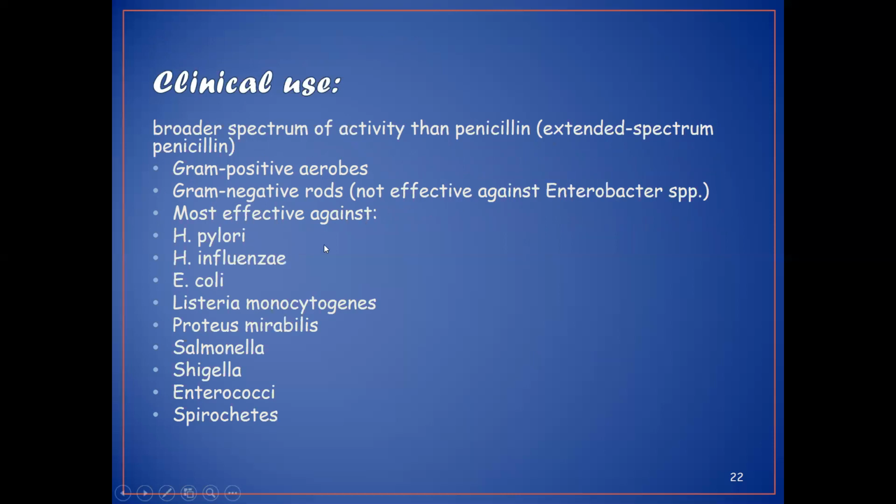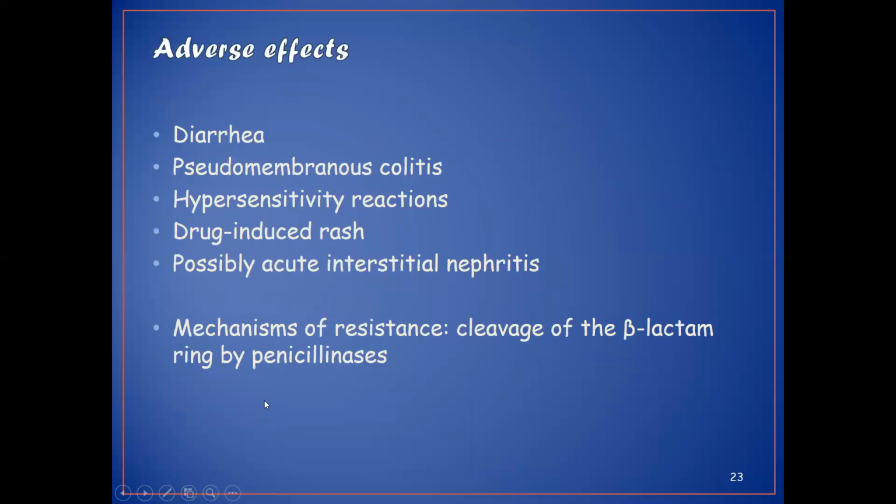And they are most effective against Helicobacter pylori, Haemophilus influenzae, Escherichia coli, Listeria monocytogenes, Proteus mirabilis, Salmonella, Shigella, Enterococci, and spirochetes. Adverse effects include diarrhea, pseudomembranous colitis, hypersensitivity reactions, drug-induced rash, and possibly acute interstitial nephritis. The mechanism of resistance is cleavage of the beta-lactam ring by penicillinases.